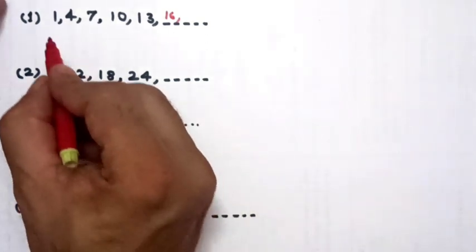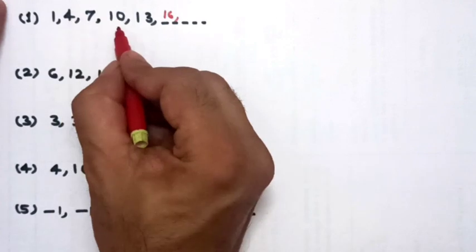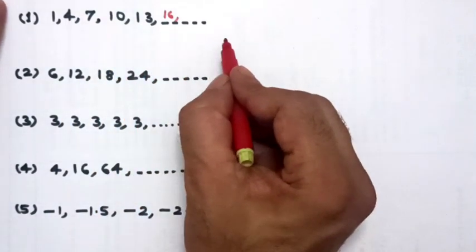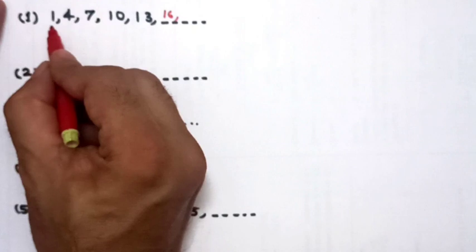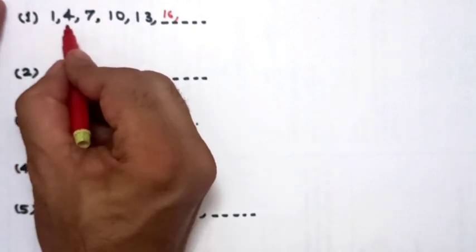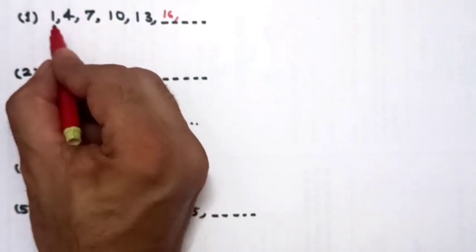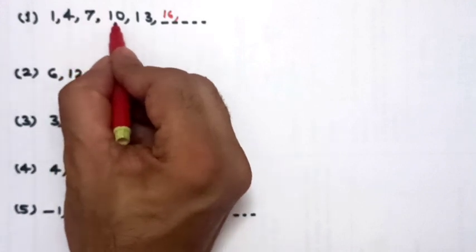Now dear students, 1, 4, 7, 10, 13, 16 and so on, these are all called terms of the given sequence, and you can number them as term number 1, term number 2. Terms are denoted by the alphabet T, so you can say T1, T2, T3, T4, T5.